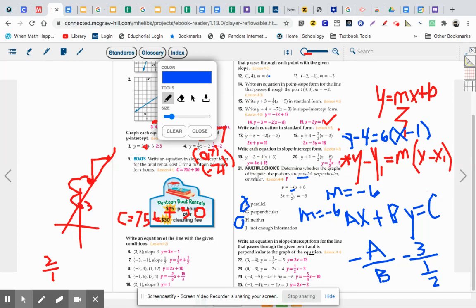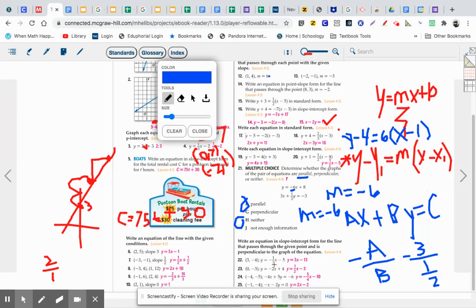All right, next. When I go to this last section, it says write an equation in slope-intercept form of a line that passes through a given point and is perpendicular. So when they say it's perpendicular, that means you're looking for an equation where the slope is the reciprocal and the opposite sign. So let's just do one for an example. Here I'm looking at (3, -4), and the equation that they give me is y equals -1/3 x minus 5.